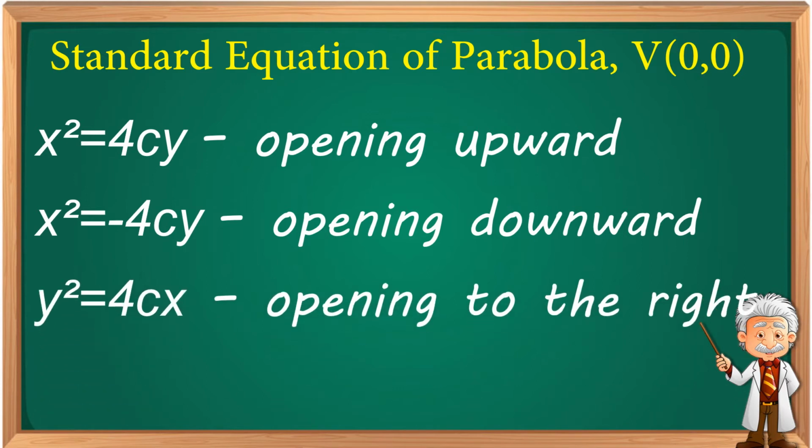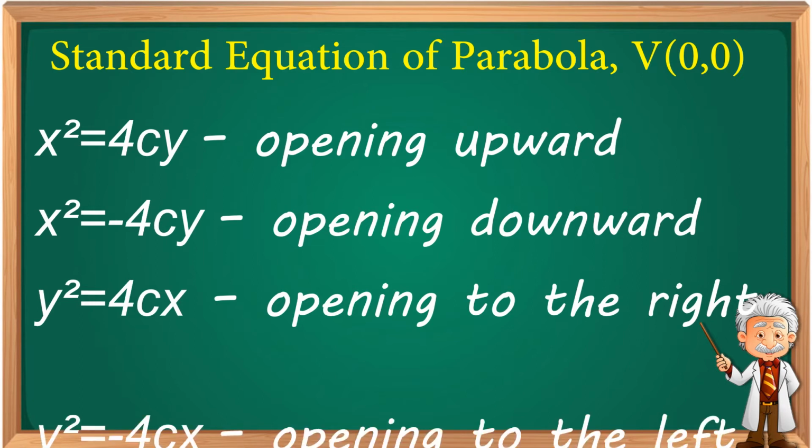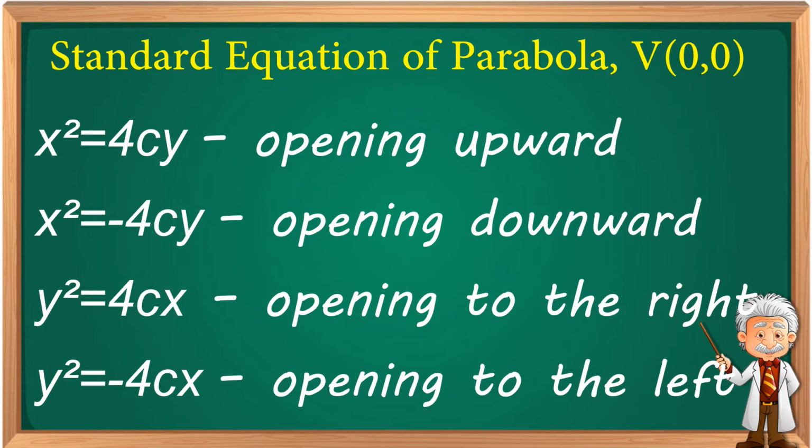Next, if the parabola opens to the right, our standard equation is y squared is equal to 4cx. And if our parabola opens to the left, our standard equation is y squared is equal to negative 4cx. Please, tandaan nyo itong mga standard equation na to, because they will help a lot for you to understand and for you to solve the problems involving parabola.